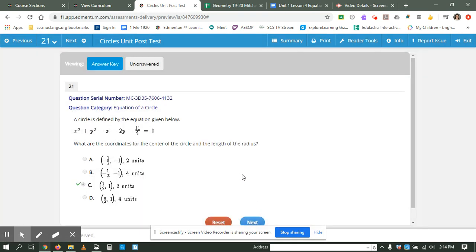Looking at 21, that is going to be switching from one form of a circle to the other, and it's got fractions in it, and I'm not going to make you do fractions for those. So 1/2, 1 is going to be your center, your radius is going to be 2.